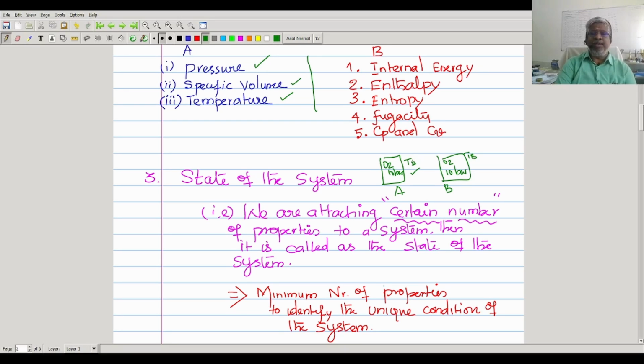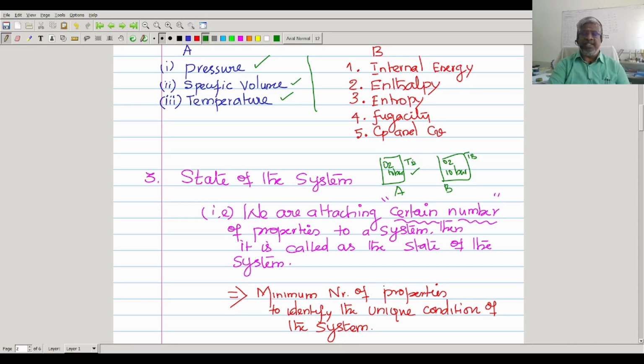Say, for example, if I take a simple system of oxygen, chemically homogeneous oxygen, if I mention the temperature and pressure, it is more than sufficient to define it uniquely, because volume and other properties are interrelated.